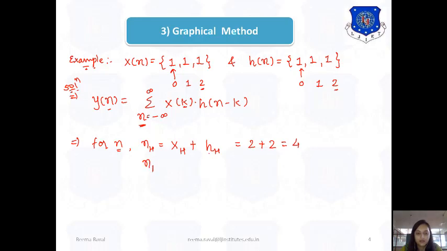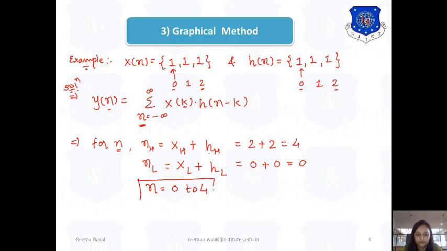Similarly for the lower range, lower range of x of n plus lower range of h of n, which is 0 plus 0 equals 0. So n will vary from 0 to 4.